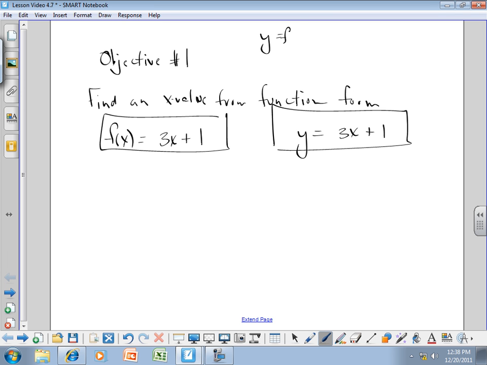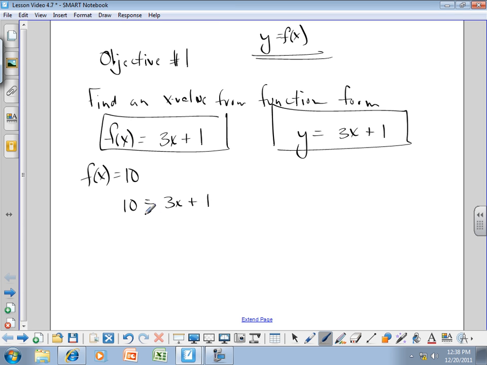Basically, what you're going to come to grips with is that y and f of x are the same thing. And they're going to ask you something like, find the value of x where f of x equals 10. Well, if these are the same thing, then can't we just plug a 10 in here?